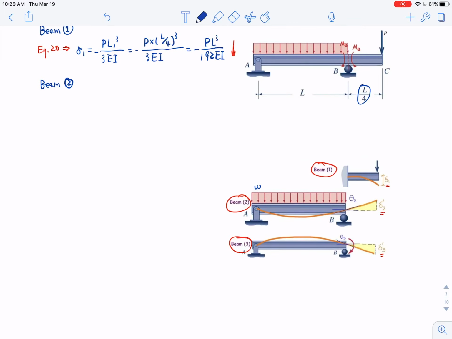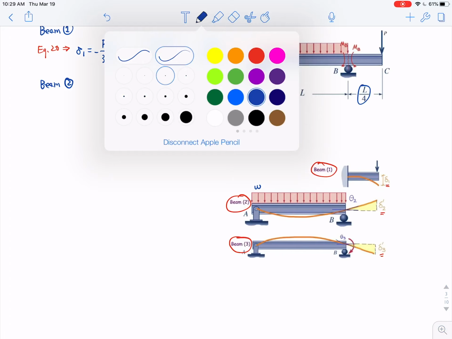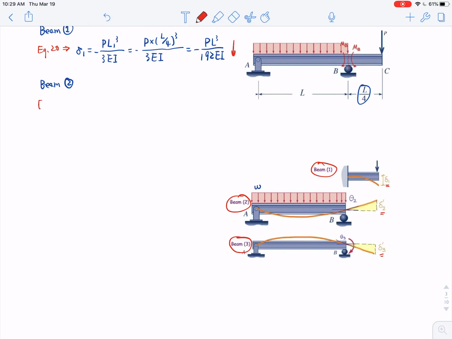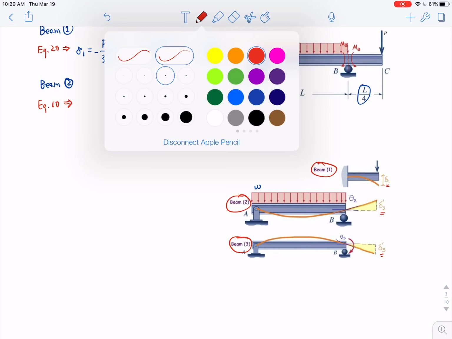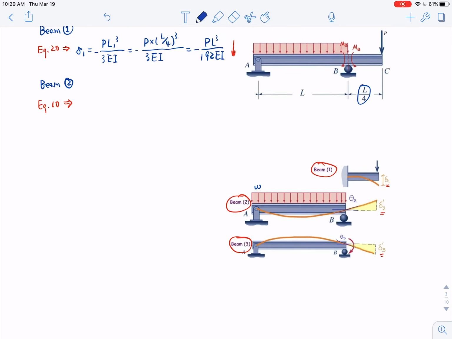Here we're using equation 10. So theta 2 can be calculated by W L cube over 24 EI.